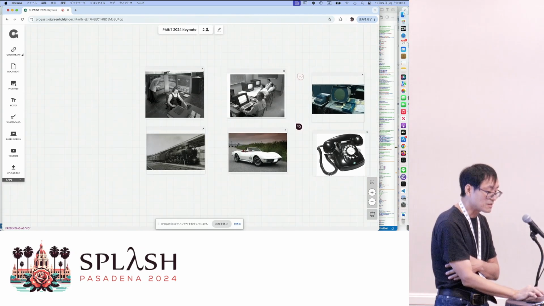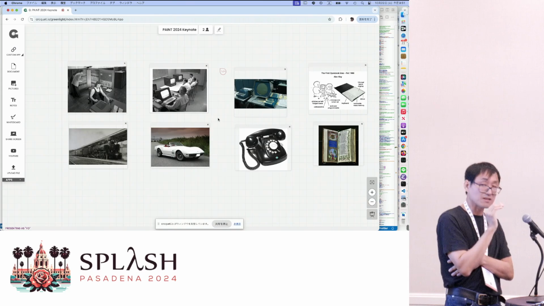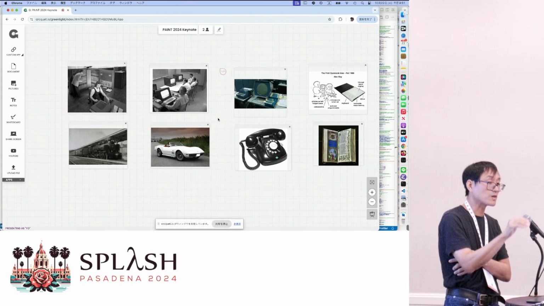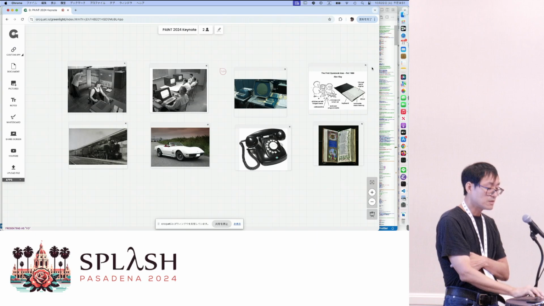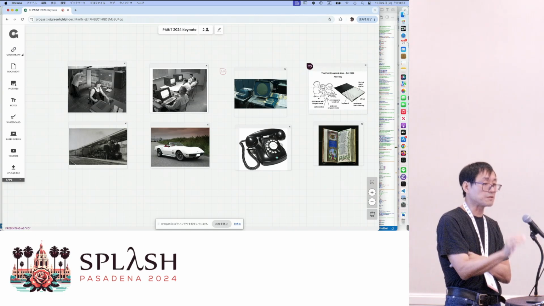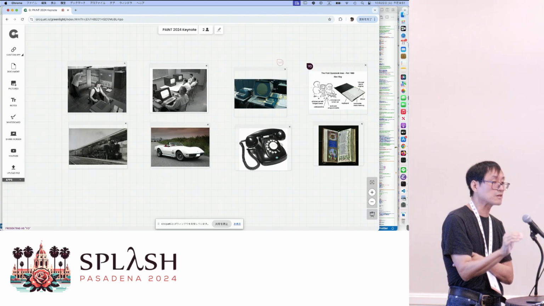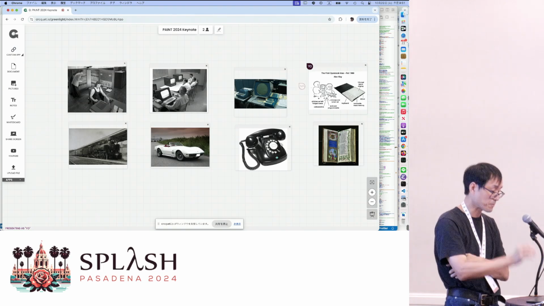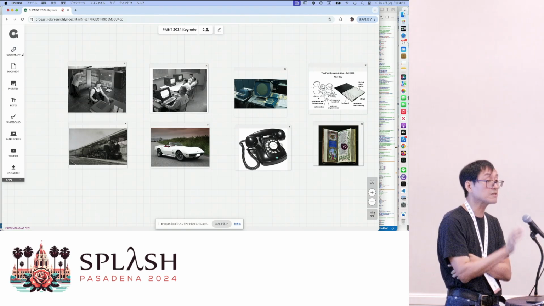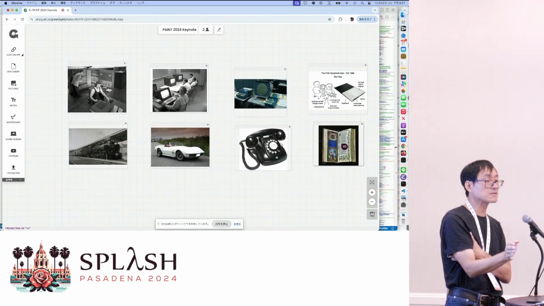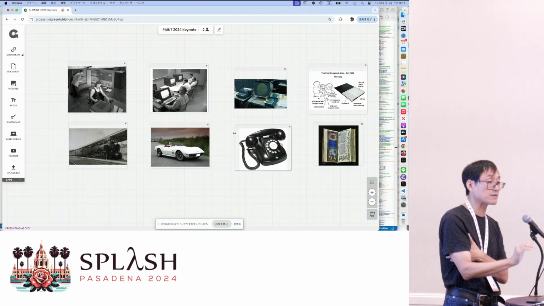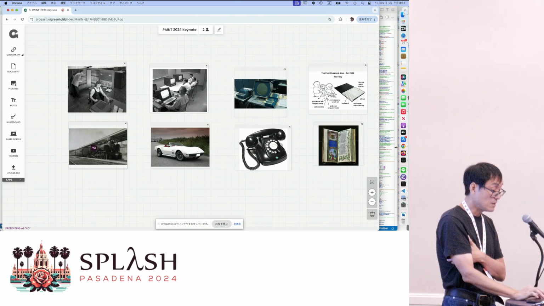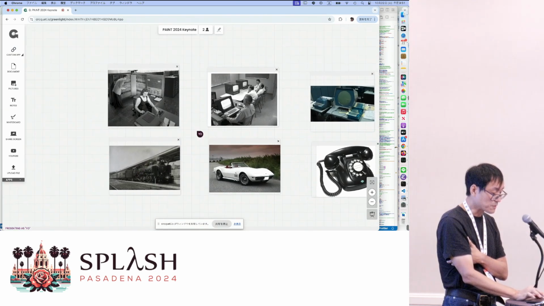So the last part, there are 8 pictures here, and the top row is showing pictures of actual hardware, like form factor. And the bottom row are analogies, or what it compares to. So let's start from here.